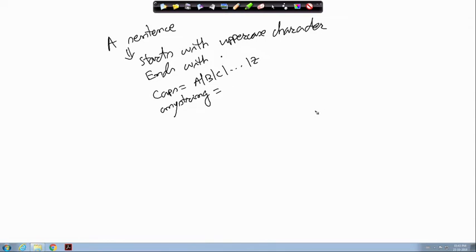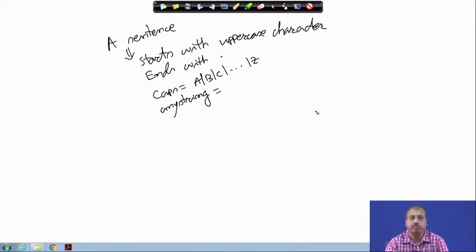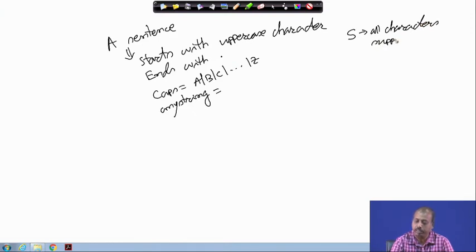So, whatever the set of characters that English language supports, if I start writing it, it will be enormous. So, I do not do that. I assume that there is a set S which contains all characters supported in English.